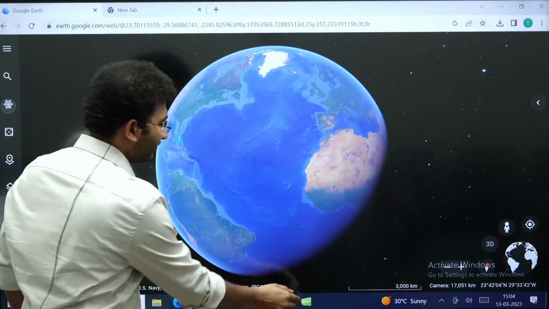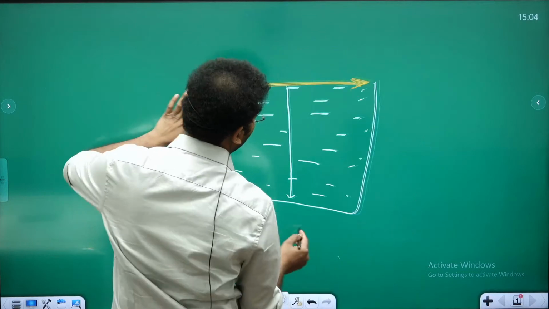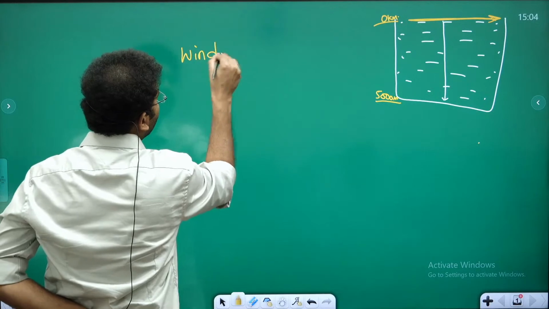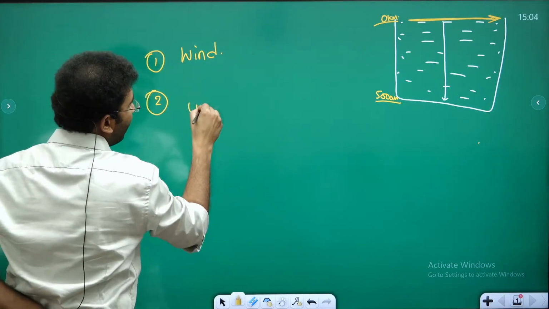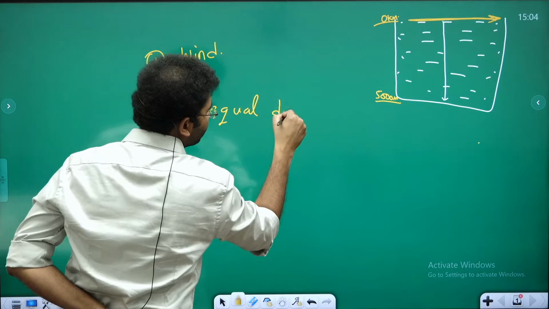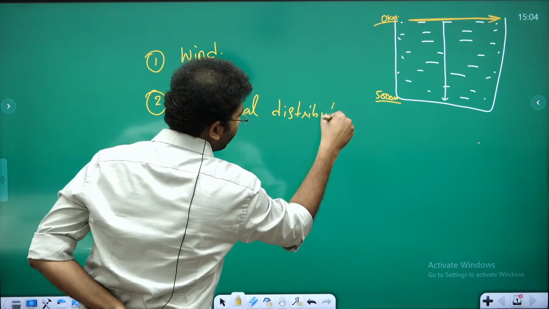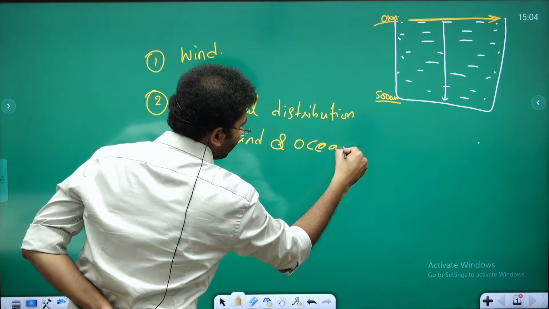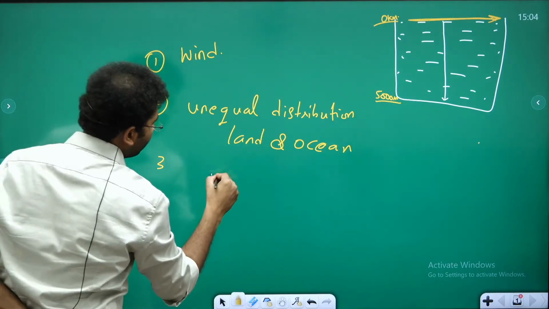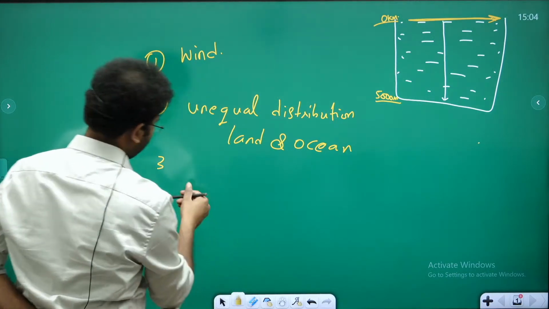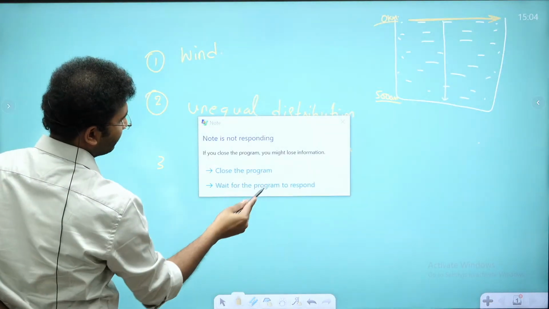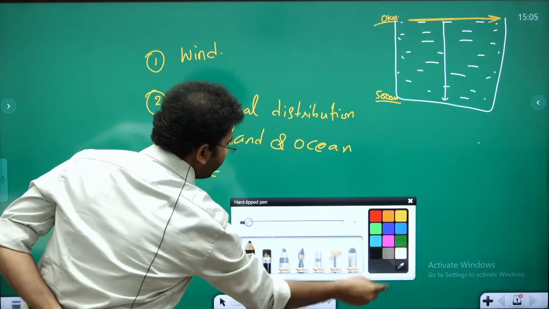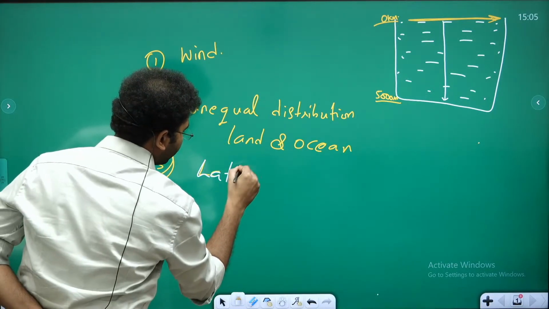The first factor that we discussed for the distribution of ocean water temperature is wind. Second, it is the unequal distribution of land and ocean. Third, it is latitude.